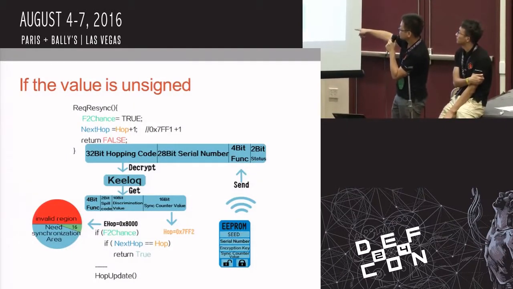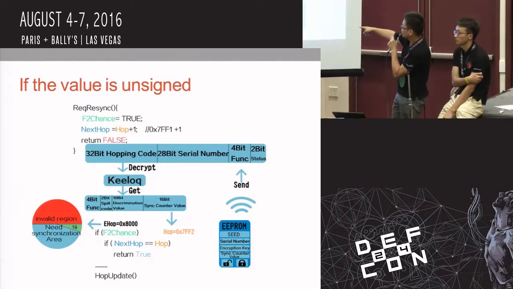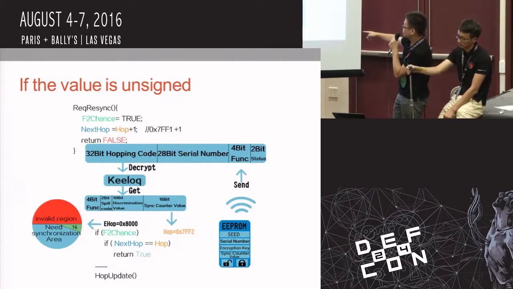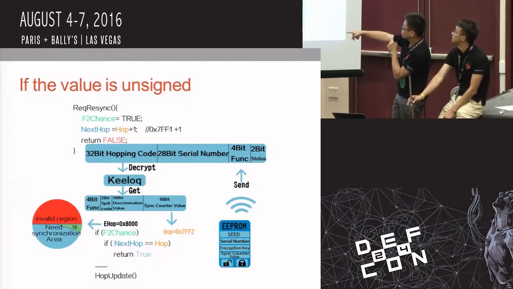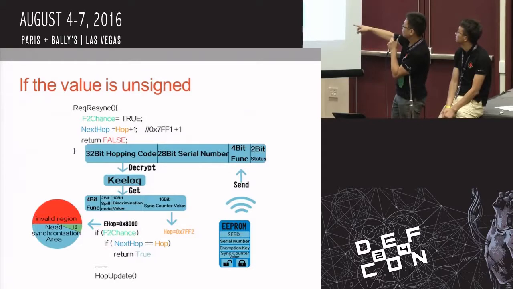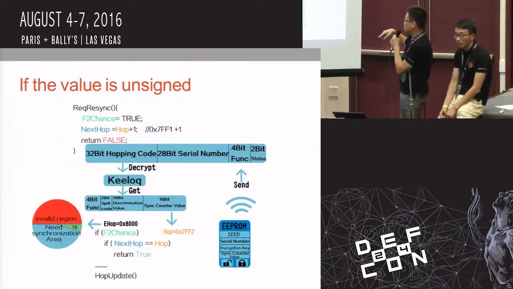So if the second hop is 7F2, they will go to the F2. The F2 chance is true, and the next hop is the larger one. And the previous hop is 7F1.